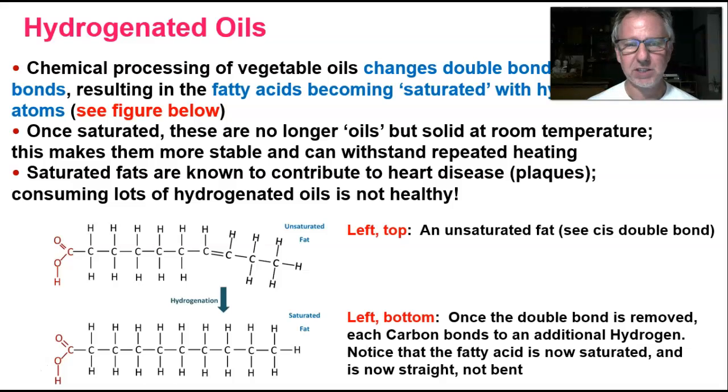So that's a big reason. And also because they're more solid, they're less messy. You know, so you pick up an Oreo cookie that's got hydrogenated oil in it. It's more stable and it's less messy. You don't have oil dripping out of the cookie. It's more like butter. So that's why oils are hydrogenated.